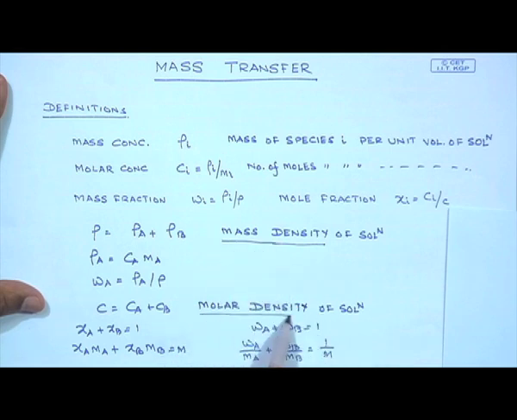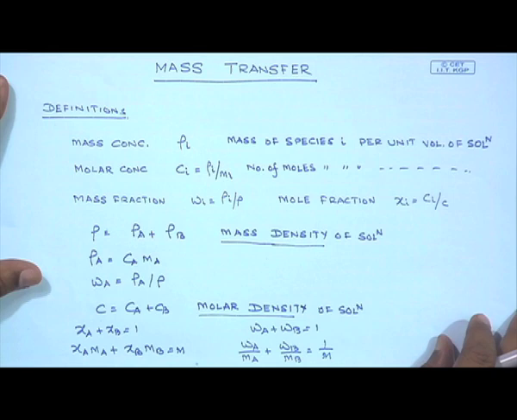Similarly, the molar density of the solution is a sum of the individual molar densities, and the mole fractions satisfy xA plus xB equal to 1. In the same way the weight fractions sum to 1, and these relations are self-explanatory.